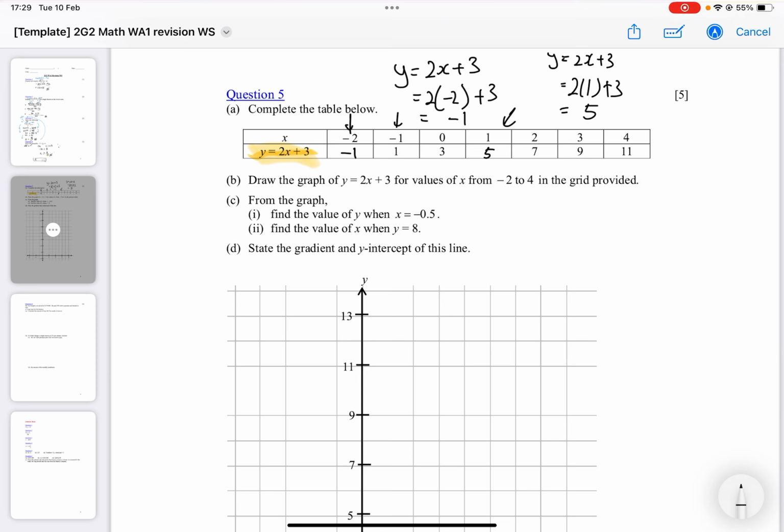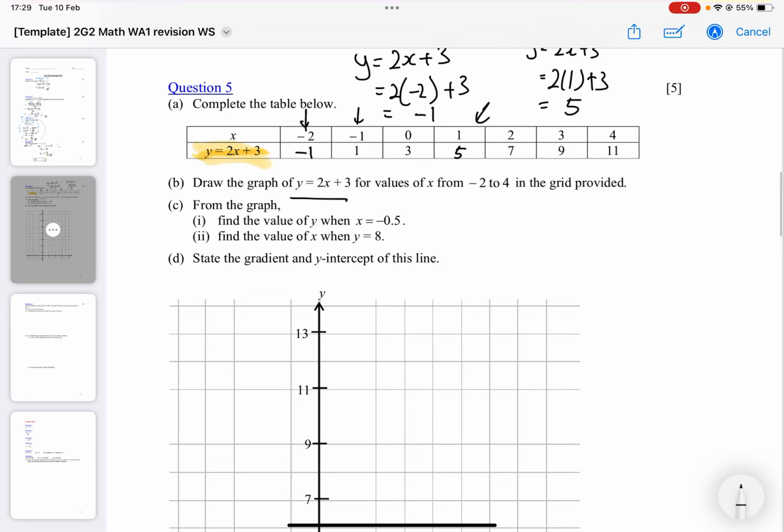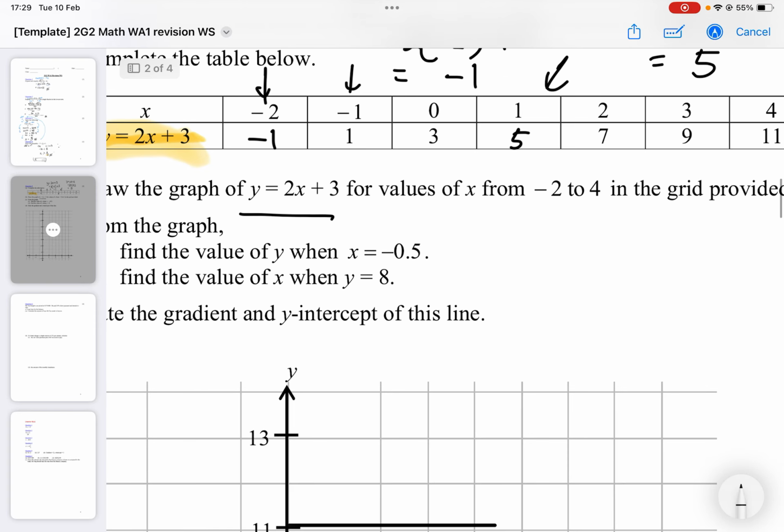Draw the graph of y equals 2x plus 3. So you already have these 7 columns of values. They are your corresponding x and y, meaning each column will give you an x and a y coordinate.